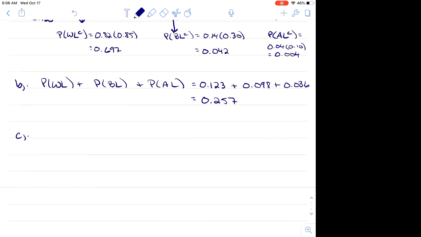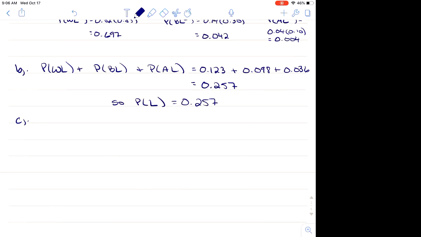Oh, we could say here, if we wanted to, the probability of just lactose intolerance in general is 0.257. Okay. Now we want to know what % of people who are lactose intolerant, so given that they're lactose intolerant, what percentage are Asian? So the probability of being Asian given that you're lactose intolerant.